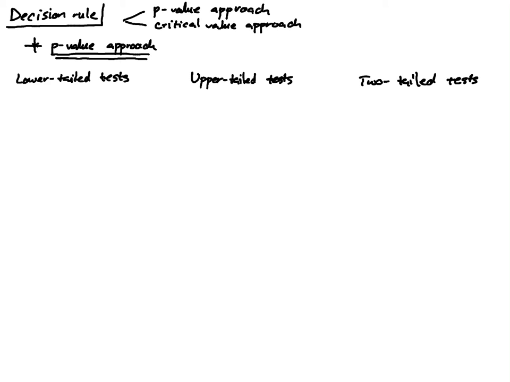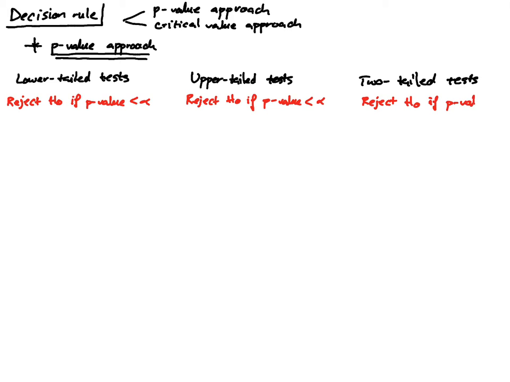Now, in all of these cases, the decision rule is to reject the null if the p-value is less than alpha. Remember, alpha is the level of significance, right? So it's the same decision rule for the three types of tests.